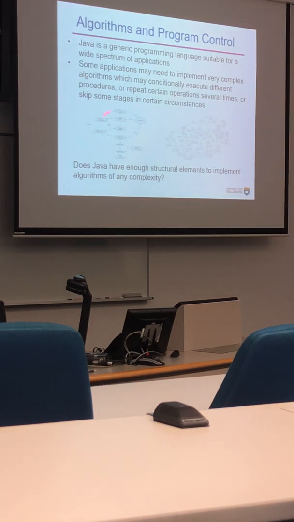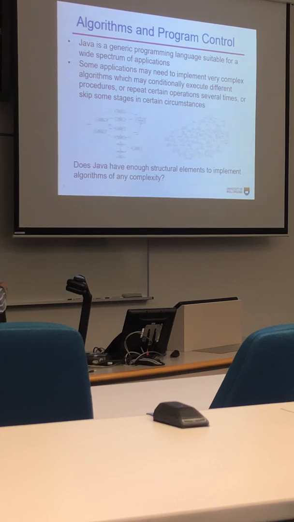So you can see that the UML diagrams that you are going to see in future may become more and more complicated. If one day you work for a project, for a company, you will see that the UML diagram becomes more and more complicated.